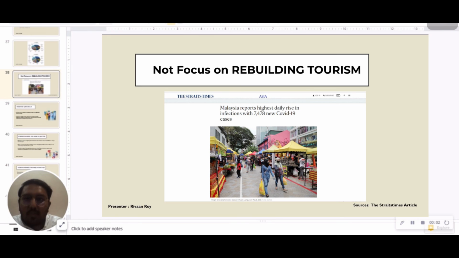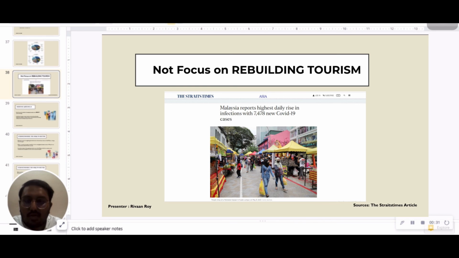For Part C, I would not pay more attention to rebuilding tourism. As Prime Minister of Malaysia, the reason I would not pay more attention to rebuilding tourism in the next 5 years is that we don't know when the COVID-19 issue will go back to normal, which affects our country's economic growth. As we all know, in June 2021, the cases in Malaysia may rise day by day up to 5,000 to 7,000.